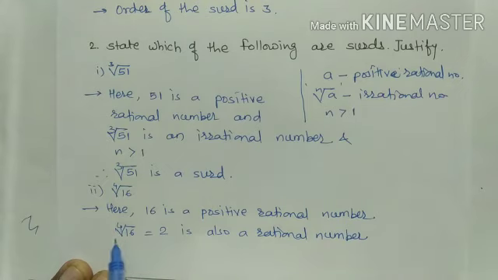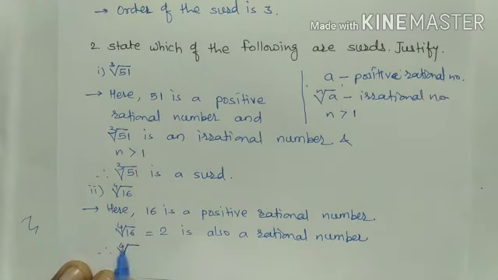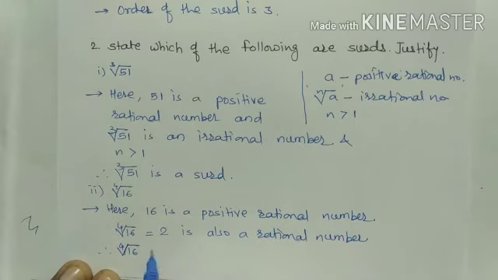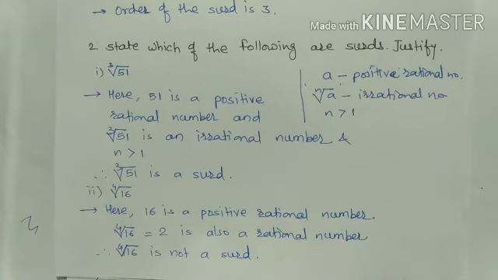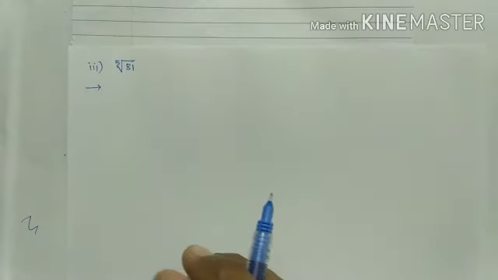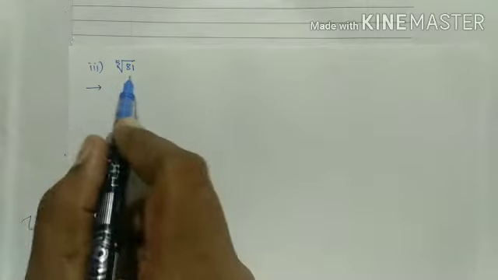That's why it is a rational number, and therefore this fourth root of 16 is not a surd. Now the next example is the fifth root of 81.